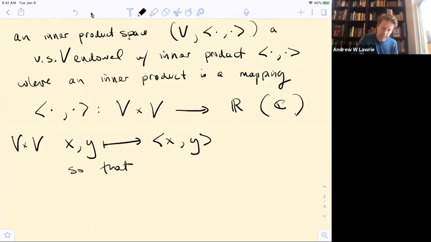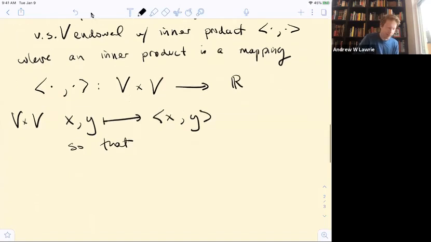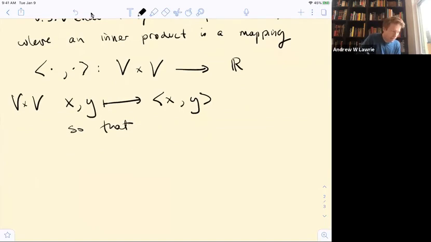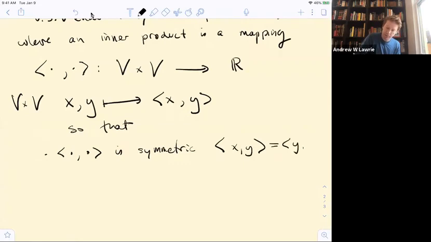A real inner product is symmetric, i.e. the inner product of x and y is equal to the inner product of y with x.